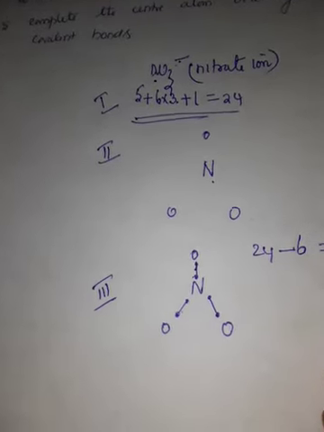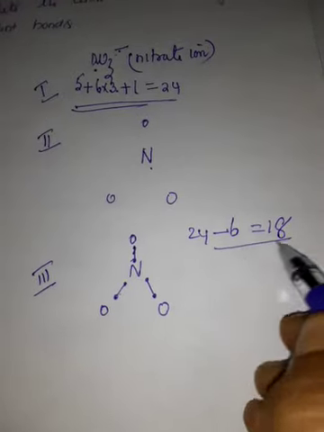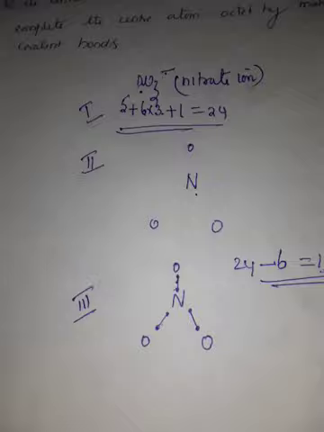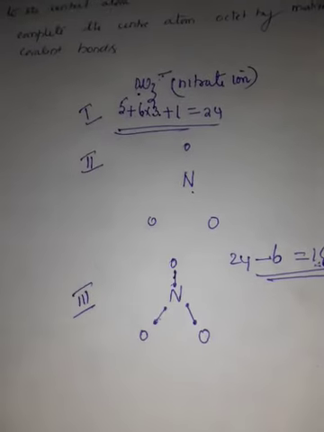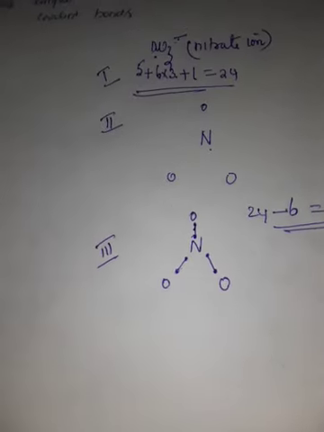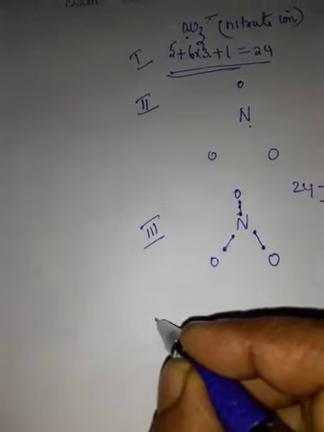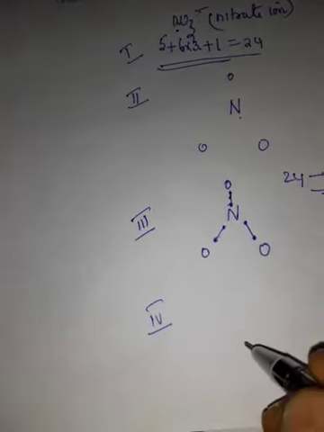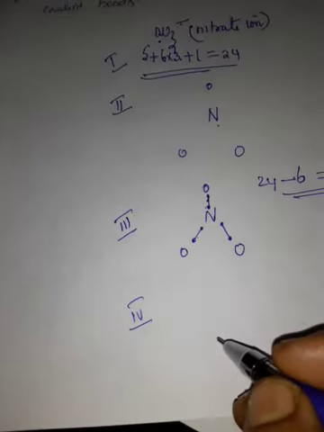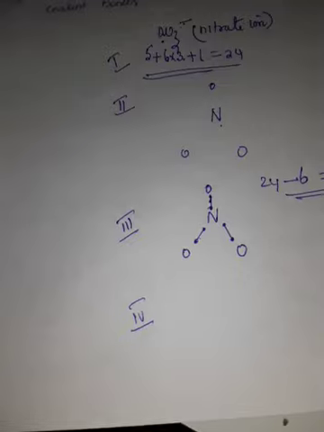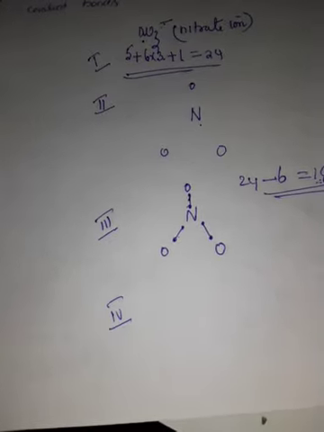So remaining 18 electrons, since 6 electrons we have shared here. Fourth point, complete octet with remaining electrons, first for the outermost atoms, and only the remainder you add to the central atom.